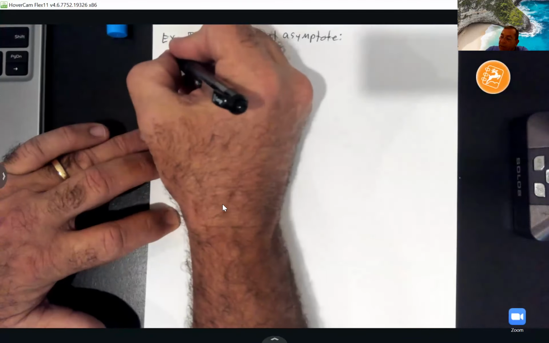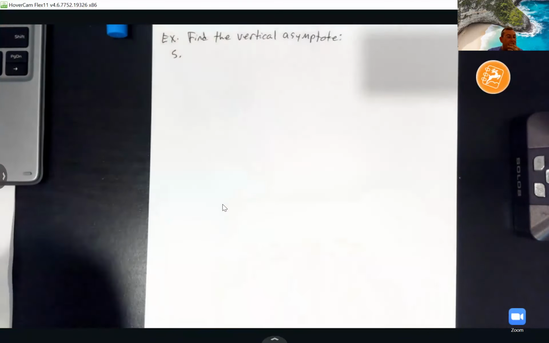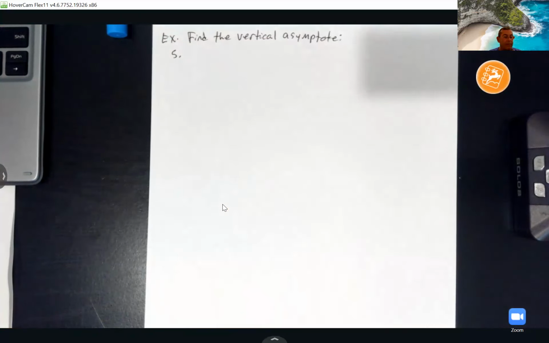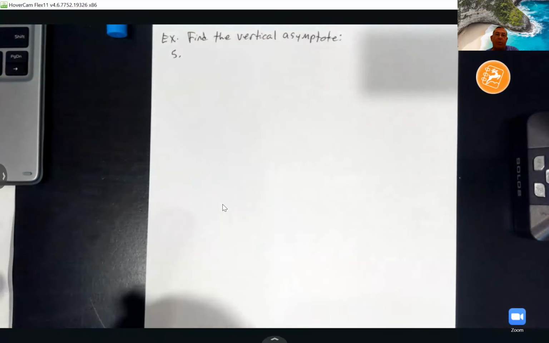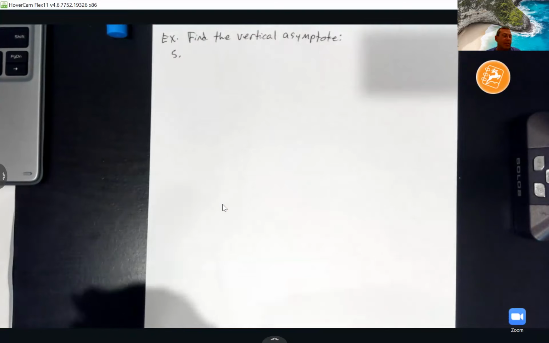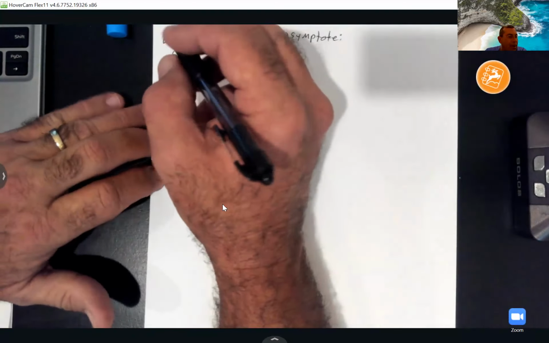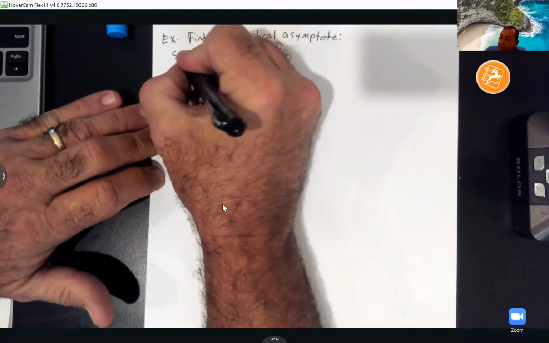All right, these will start at number 5. So I'm sort of going to skip around these because they're all the same. They just got different things on the bottom.